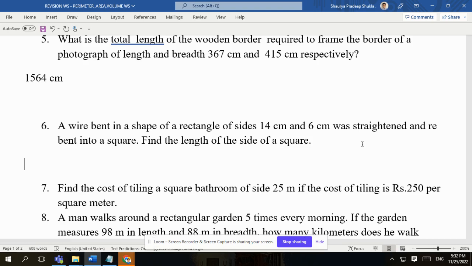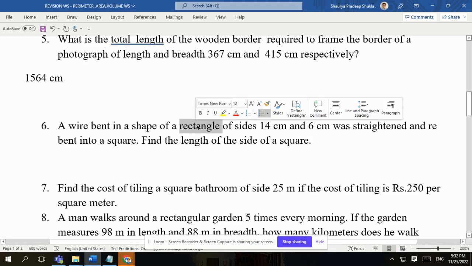First, we'll find the perimeter of the rectangle. Here the perimeter of the rectangle will be 14 plus 14, that is 28. 28 plus 6 plus 6, 12. 28 plus 12, how much? Wait, I'm just finding it first: 40 centimeter. That is the perimeter of this rectangle, right?